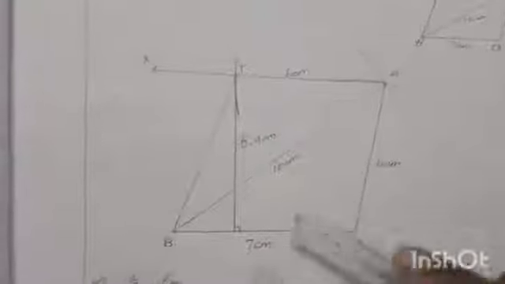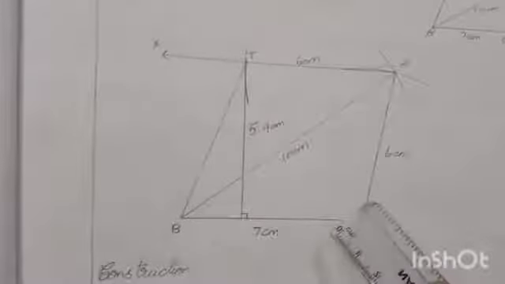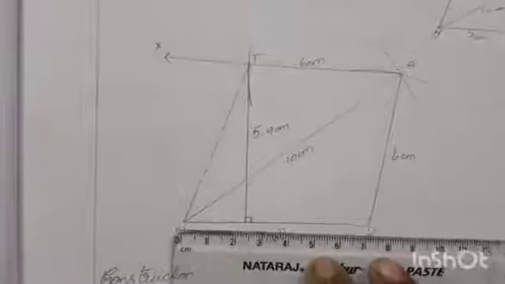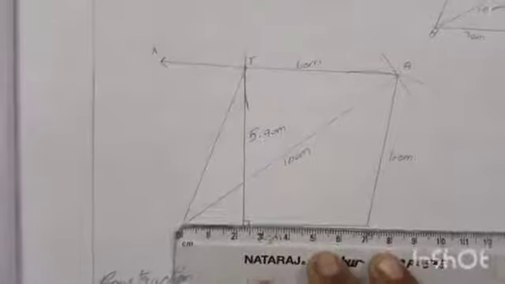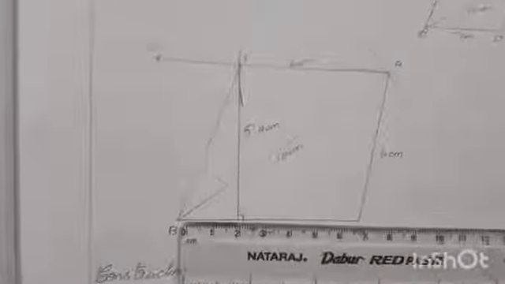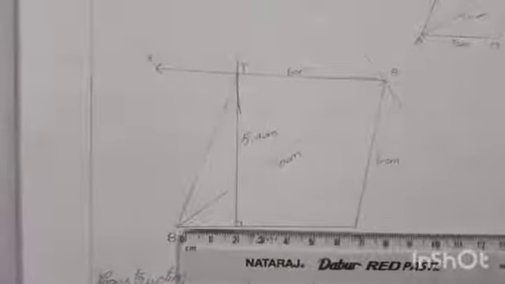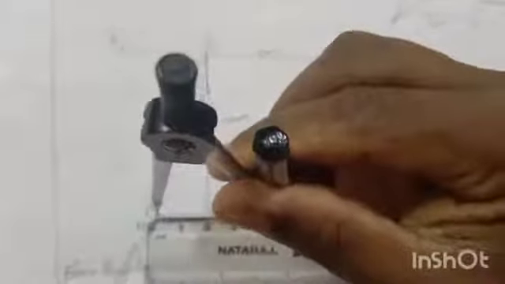First you have to construct one triangle. How do you construct this triangle? First draw BO equal to 7 cm. Then measure 6 cm with the help of a compass, that you know how to measure. Here, from O to here is 6 cm.